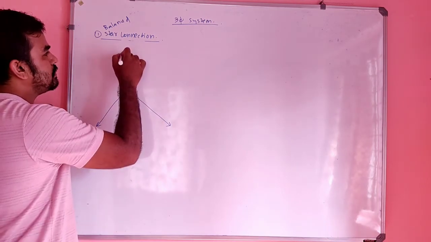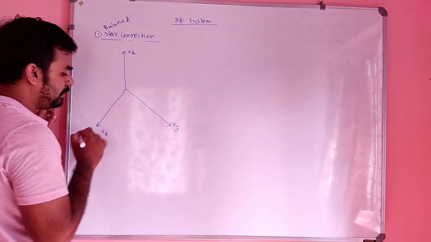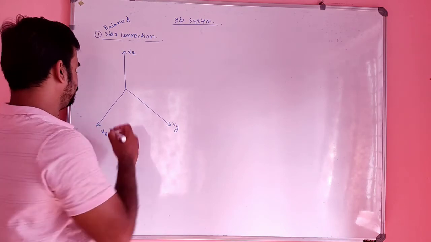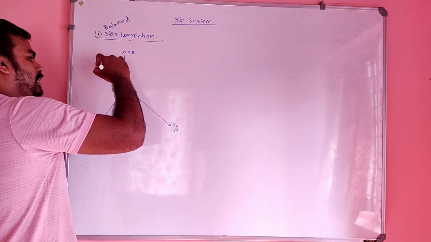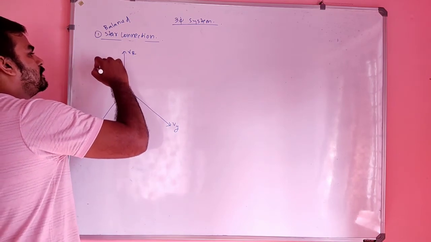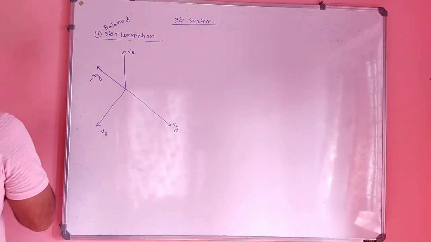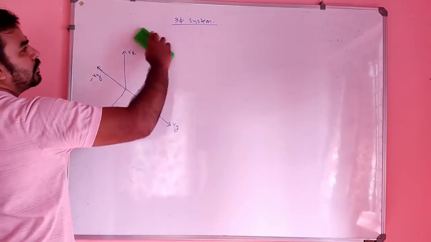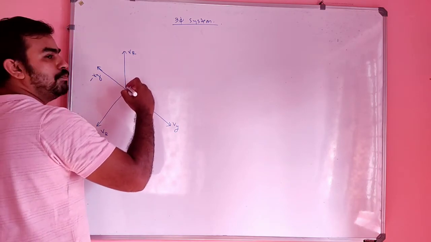Since it is a balanced supply, let the phase voltages be VR, VY and VB. I am extending this VY as minus VY, and the resultant will be what?